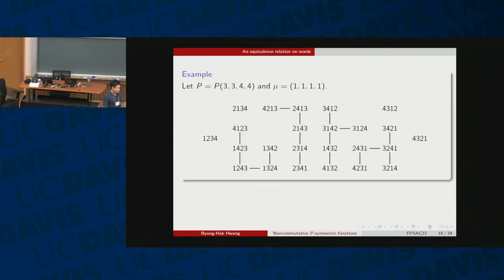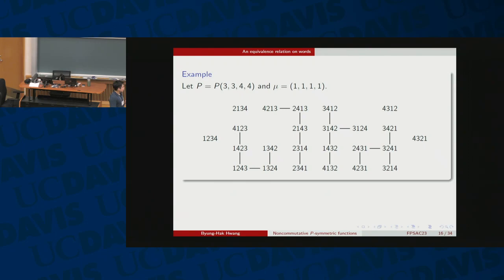This example illustrates the three conjectures and the difference between them. Take P as the poset from 3, 3, 4, 4 and mu equal to 1, 1, 1, 1. There are 24 words of type mu, and we have the graph gamma sub mu.